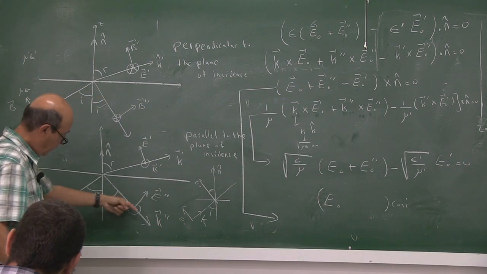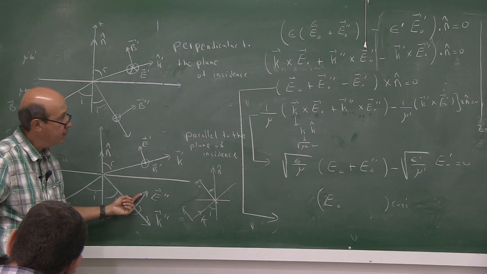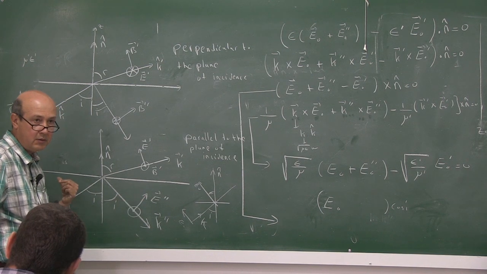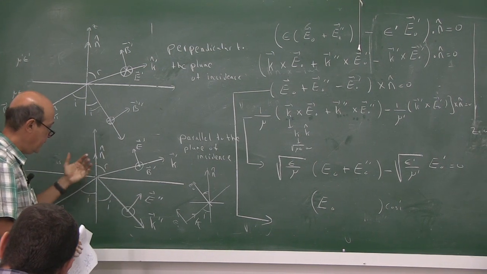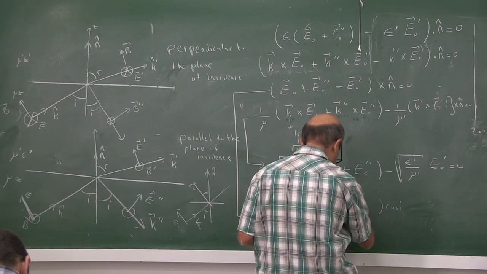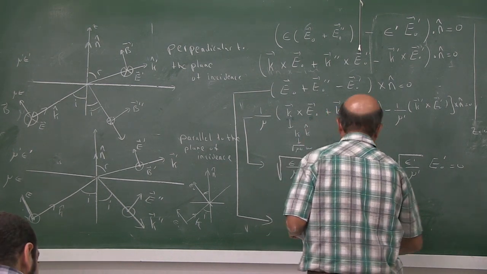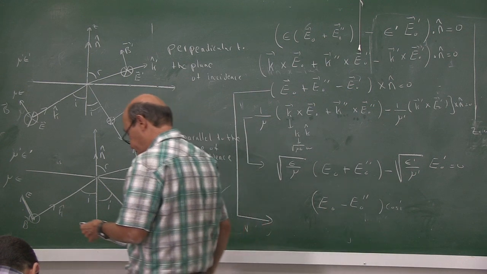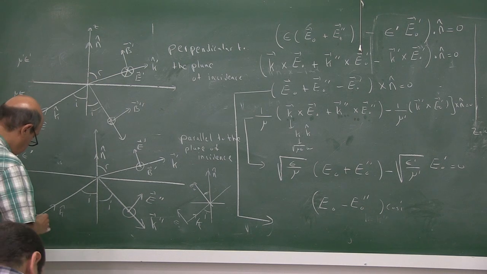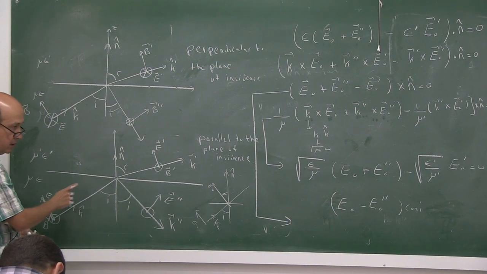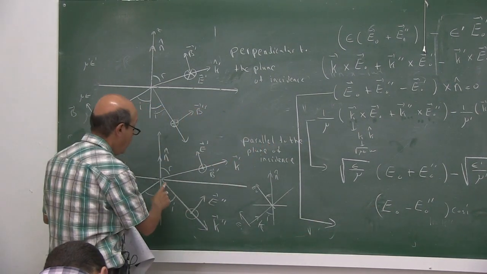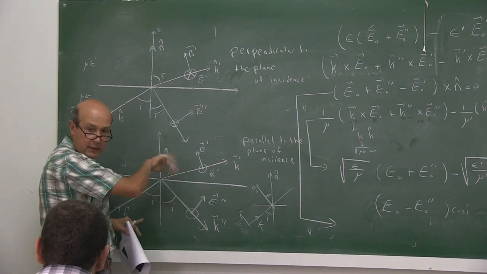For the one reflected, what will be changed? I will be the same, but the direction is shifted. So N cross I and N cross I will be in opposite directions. Therefore, the sign will be negative for the other one. The leftover term, so again, if you say that N cross E is positive, N cross E double prime should be negative because the direction is changing.